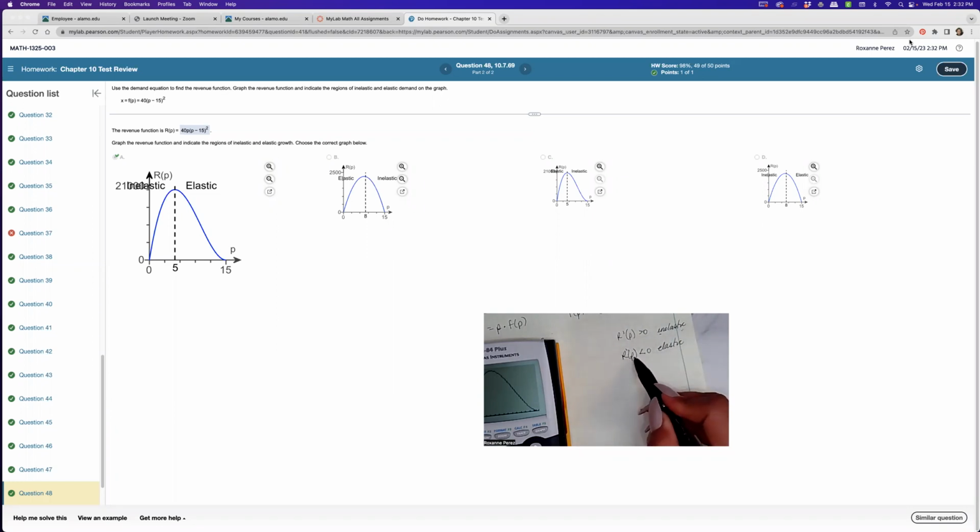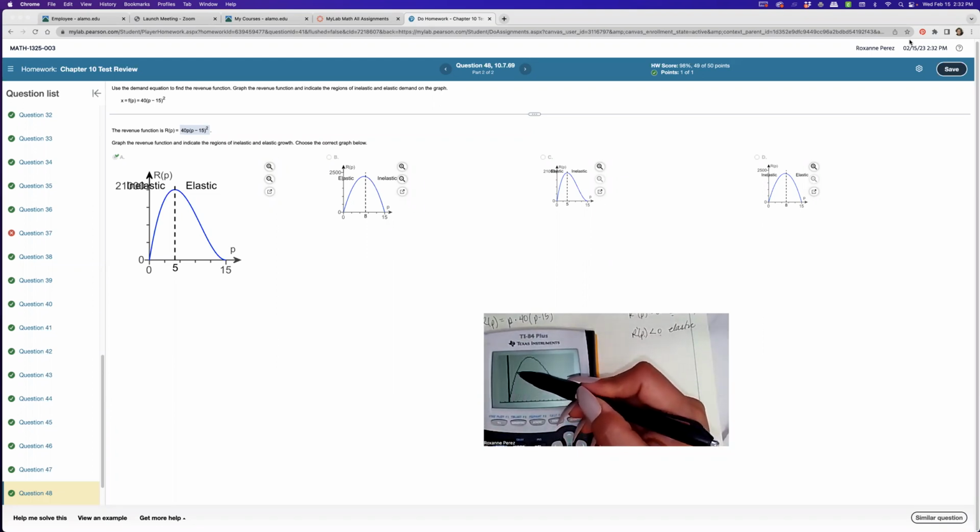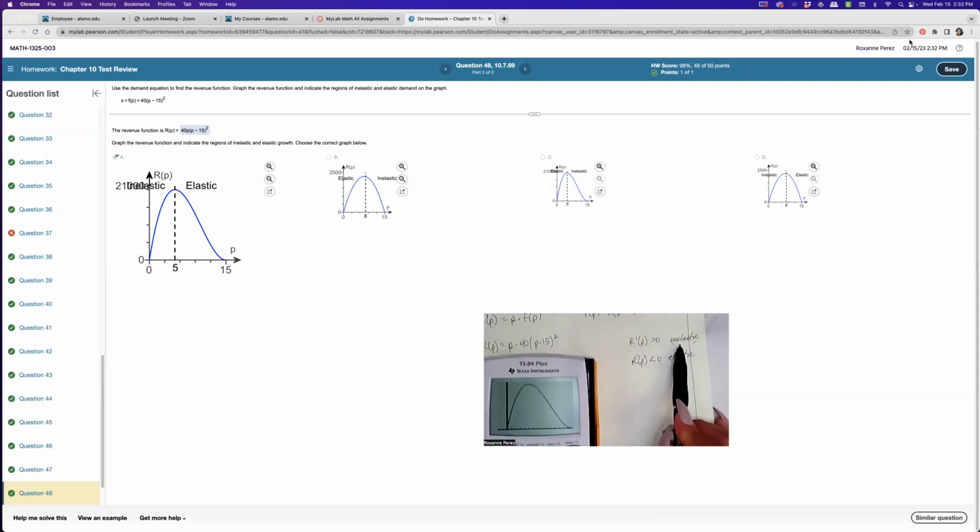When your R prime of p is less than 0, so this is again your slope, you have a negative slope, it's elastic. So on this portion of our graph, our slope is positive. This part of our graph is inelastic. This part of our graph, our slope is negative, less than 0. So this part of our graph, our revenue function, is elastic. Okay? And that's all you got to do for question 48.